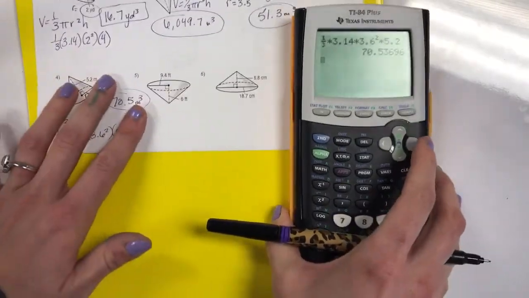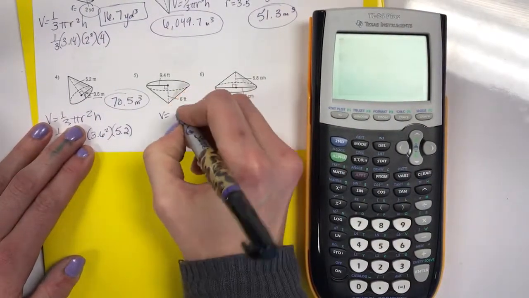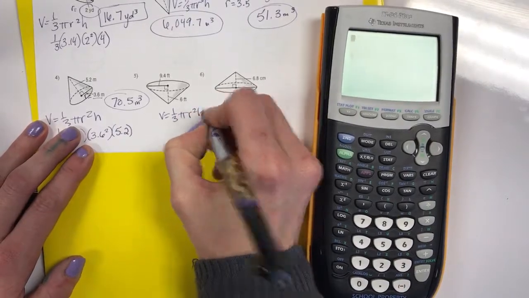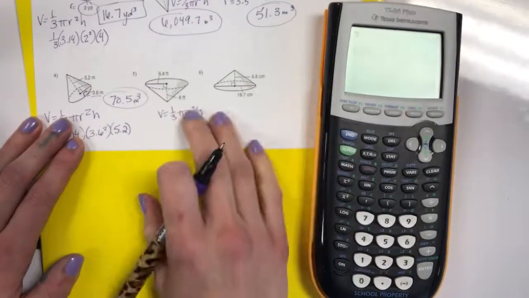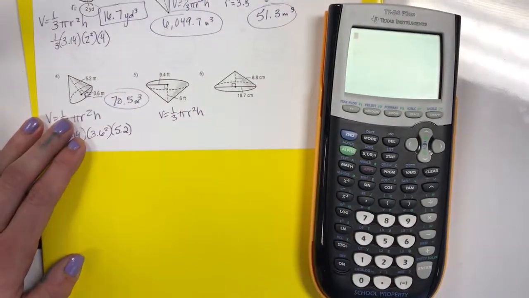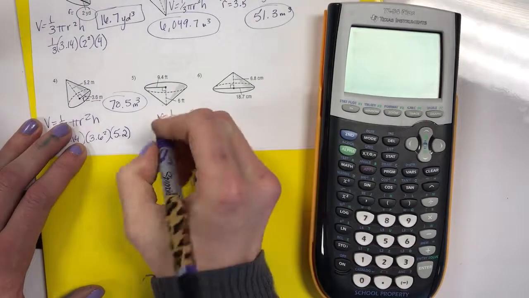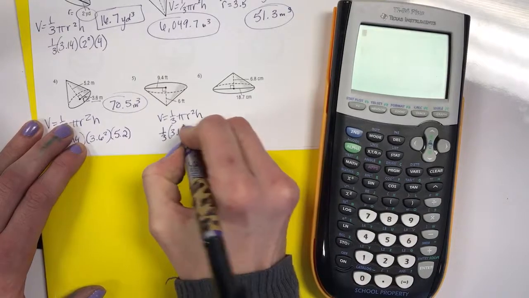Number 5, you're probably getting the gist at this point, but I still want you to write the formula down every single time. I don't care how tired you are if you're hearing me say that. Write it down every single time, so when you fill your numbers in, it makes it so much easier to go back and see where you messed up. So plug your numbers in. I've got 1/3, 3.14 is my pi.